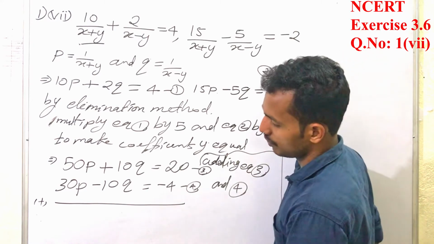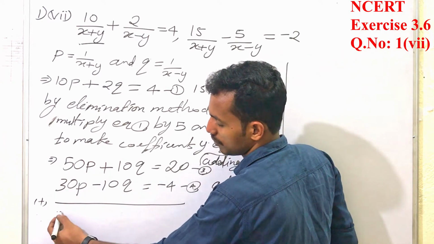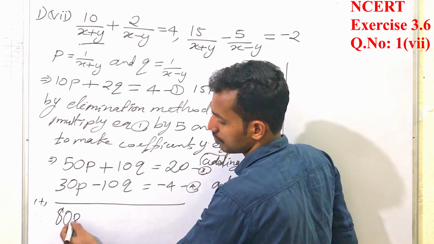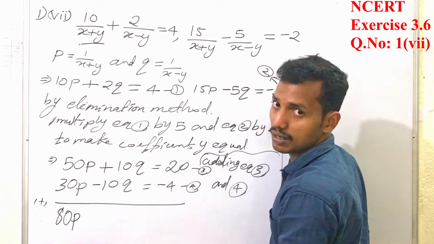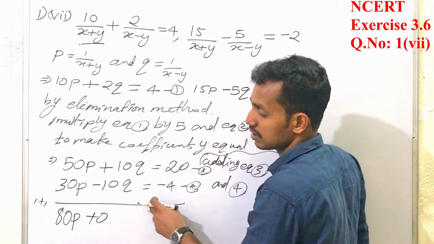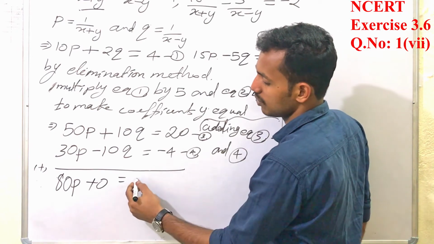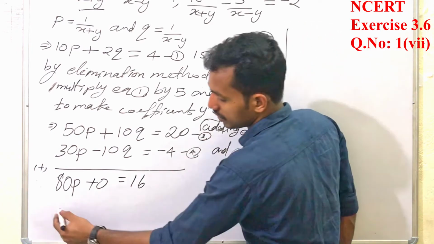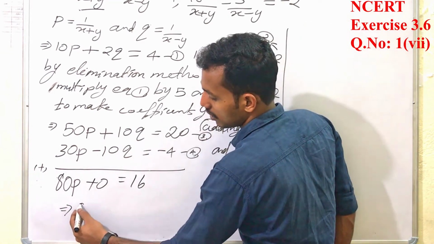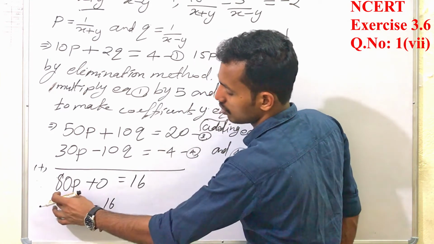So what will we get? 50p plus 30p will be 80p, plus 10q and minus 10q adding, it will be cancelled. No need to change the sign when we add equations. Is equal to 20 plus minus 4 will be 16. That implies 80p is equal to 16.